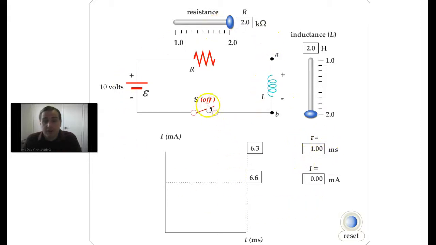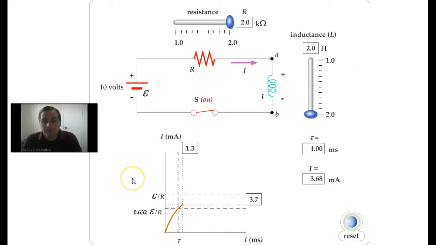So let's go ahead and do that. Okay, so the time constant is back to 1.0 milliseconds. Okay, so you get the idea that it takes less time if you have a greater resistance, but it takes more time if you have a greater inductance.